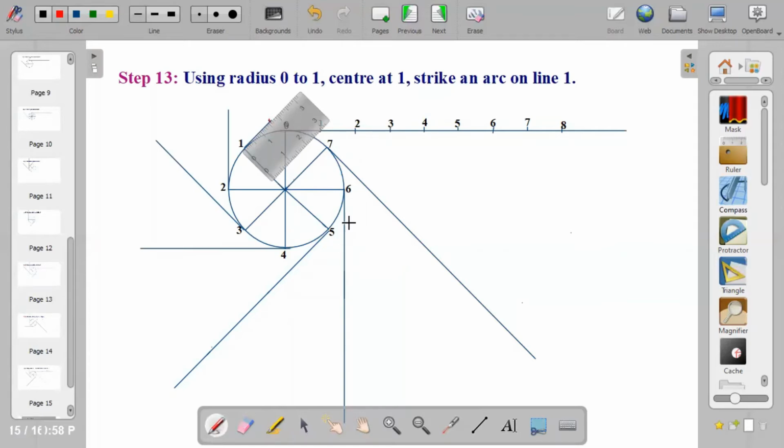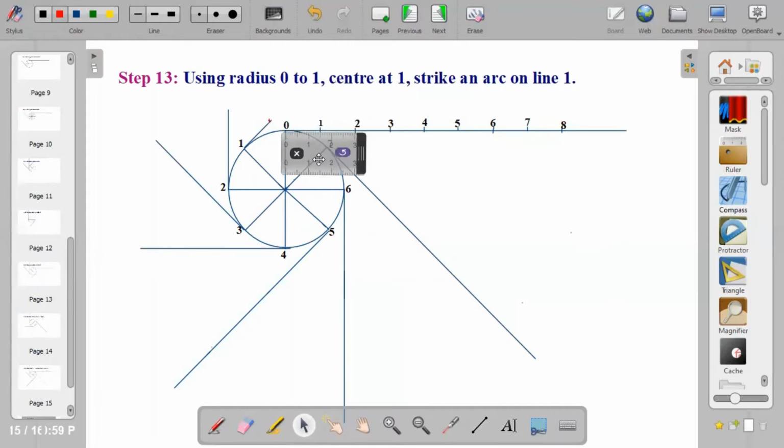So now I have it at 1.5. So I measured 1.5 on line 1. I did this on line 1 because I took the radius from 0 to 1. So I'm going back to the next one. I want to place my ruler again on 0 to 2.